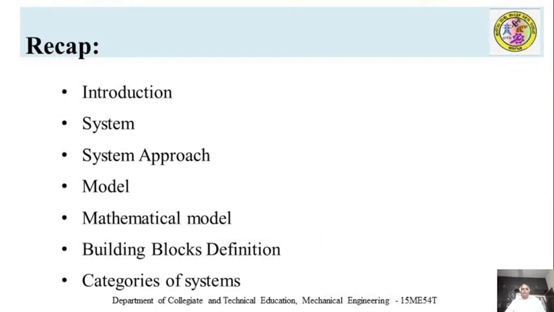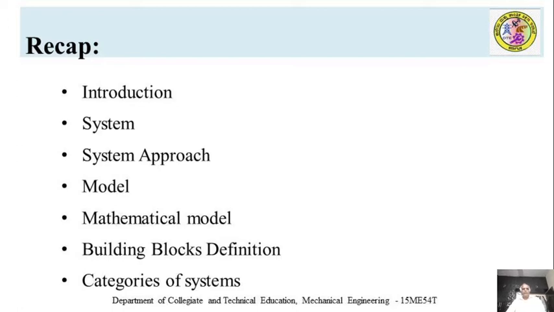So in the last session, we studied about the system. System is a group of elements which act together to get the desired output. System approach is a methodology which is used to study the system as a whole.